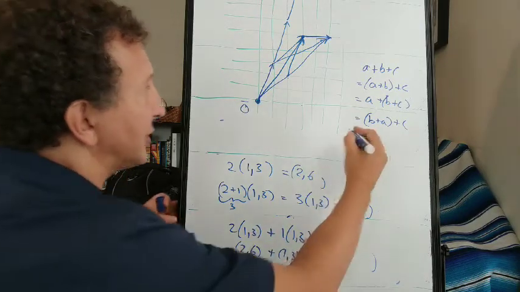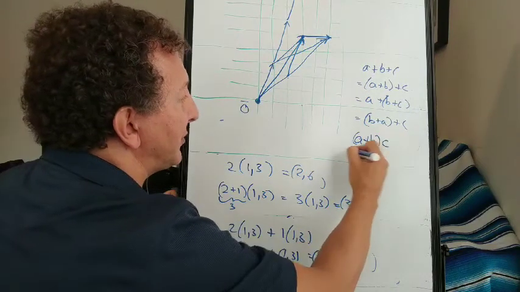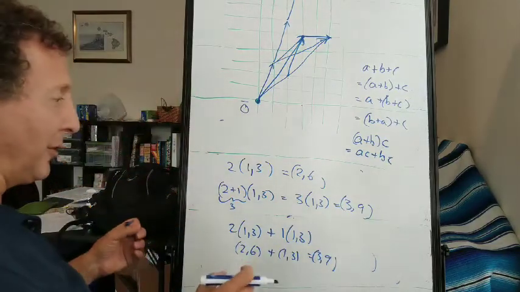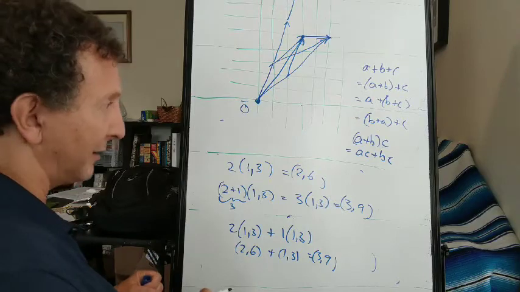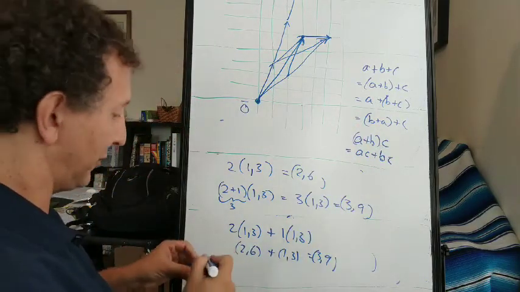And that works just because here we're multiplying (a plus b) times c equals ac plus bc. And I'm really just doing that with the first component here in (1, 3) and then the second component separately. So since those are both real numbers, the distributive property of real numbers works.